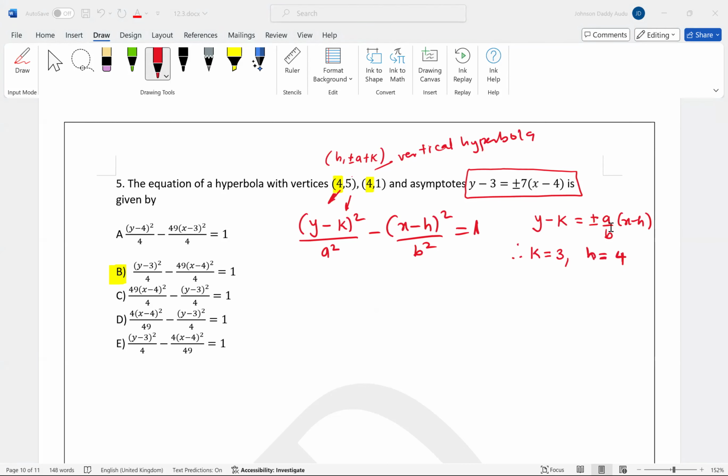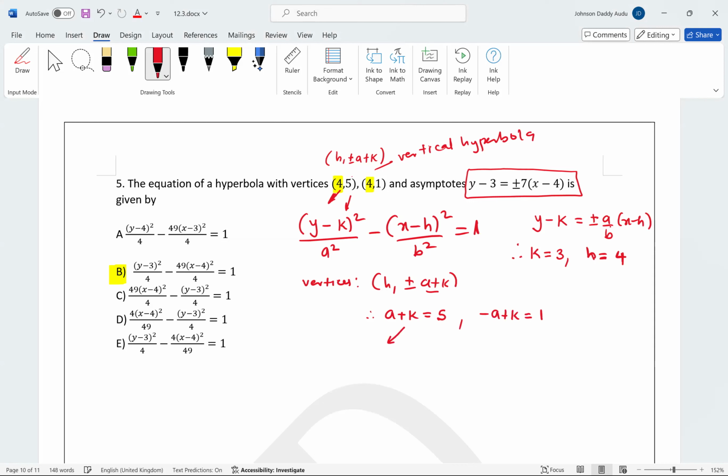All right. So let's go and get something first. We know from the vertices, just like I said, you will have h plus minus a plus k. So it means that you have a plus k equals 5, and also minus a plus k equals 1. Any one you use is fine.